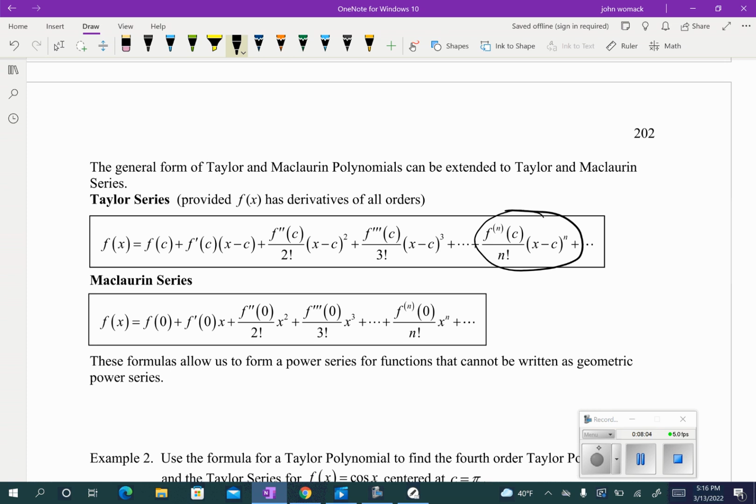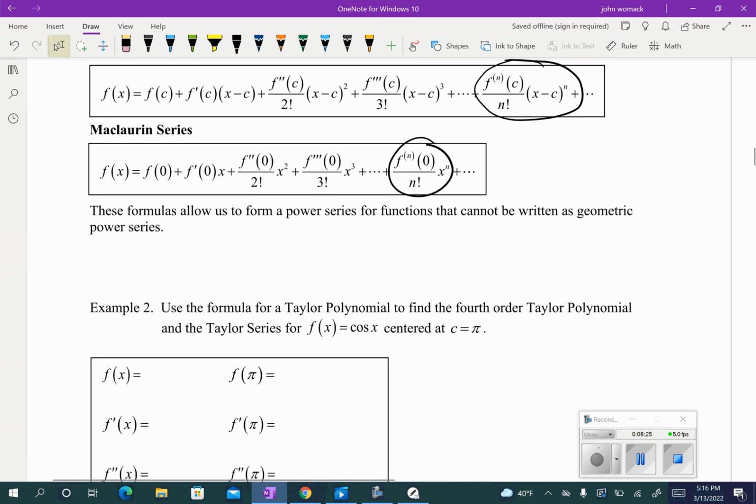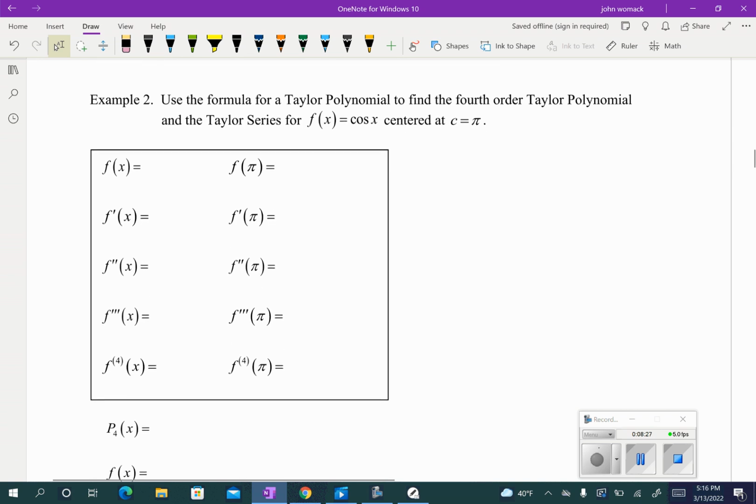It has to keep going on both of these. So these formulas allow us to find power series for functions that can't be written as a geometric power series, like back in 9.2, when we went through those geometric power series. These are not geometric power series, but we can find a power series that is still equivalent to these functions. So let me show you one of these.